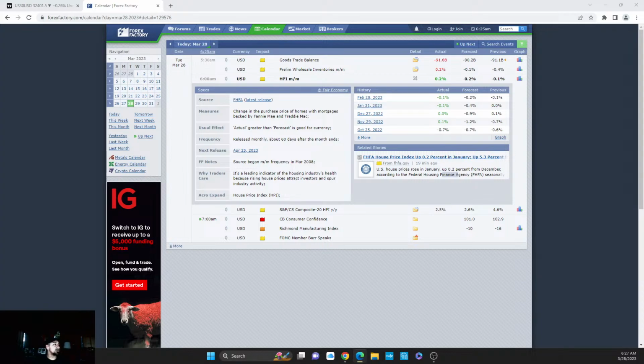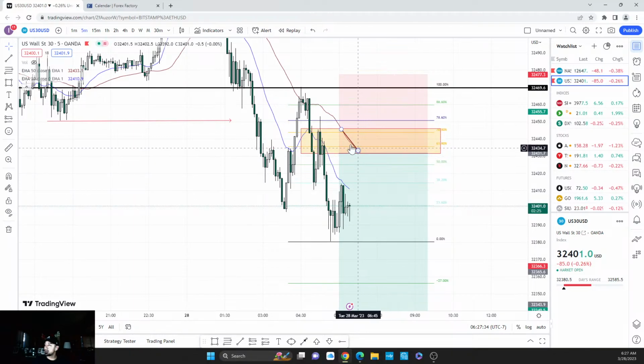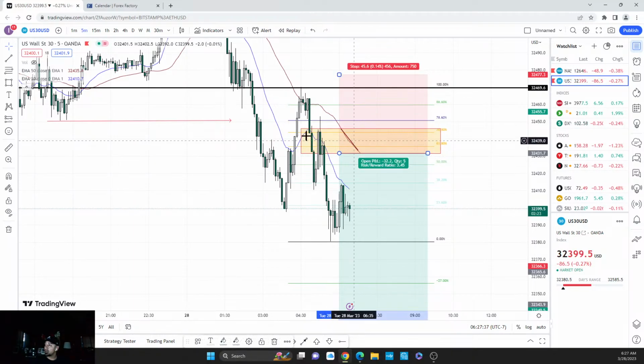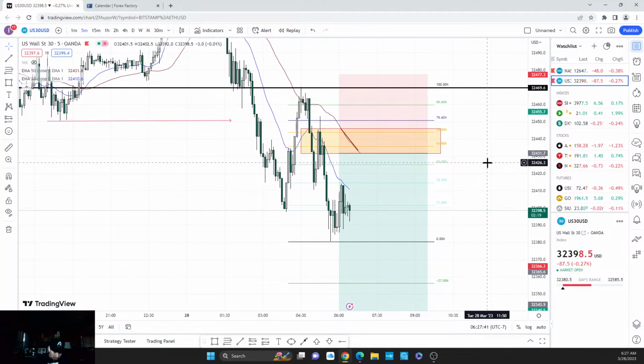But we could see it come down from here as well. It had a huge rejection on Friday of last week. So we'll see what it gives us. Got 2.5 minutes. Let's see if it gives us our little play up here. 45 pip stop loss. Let's see.